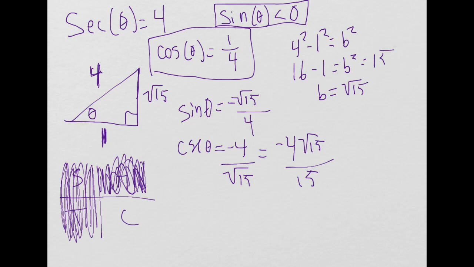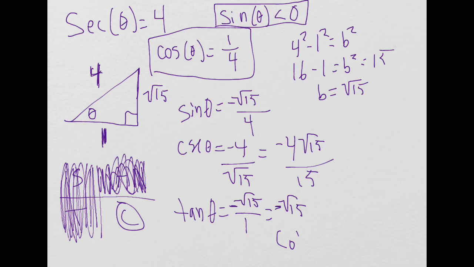So let's go ahead and do tangent then. Tangent of theta equals opposite over adjacent. So our opposite is the square root of 15. Our adjacent is 1. So we're just talking about the square root of 15. But again, look at the quadrant we're in. In that quadrant, only cosine is positive, which means that tangent has to be negative.